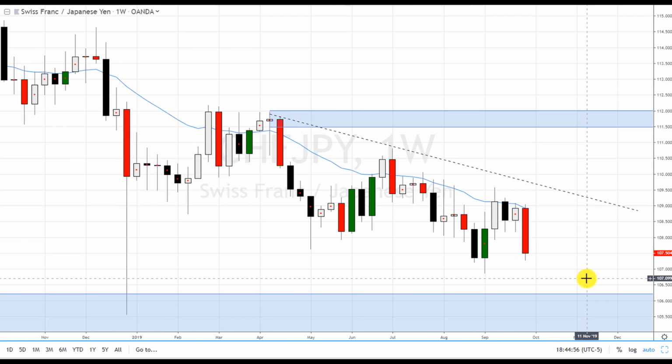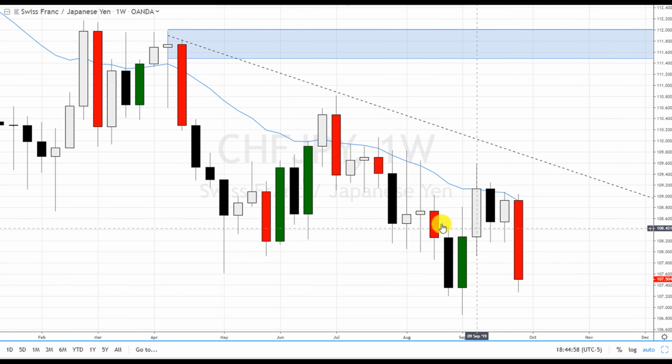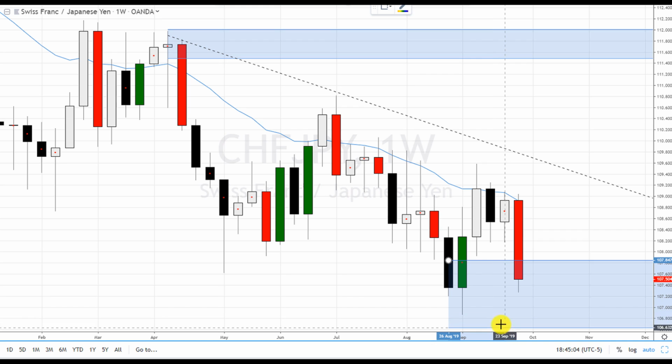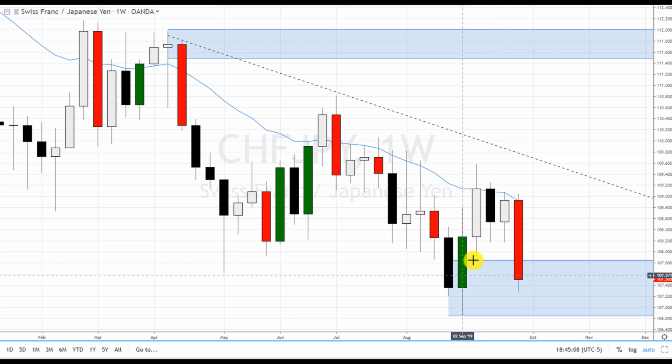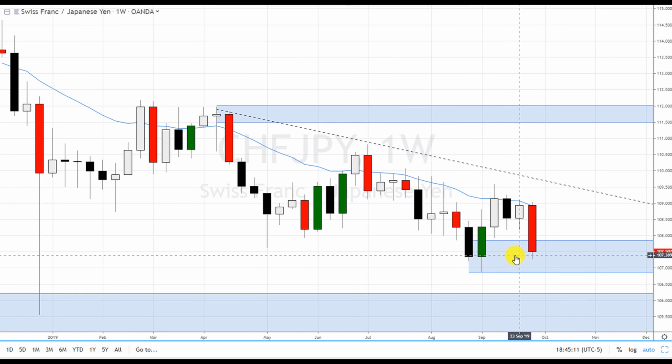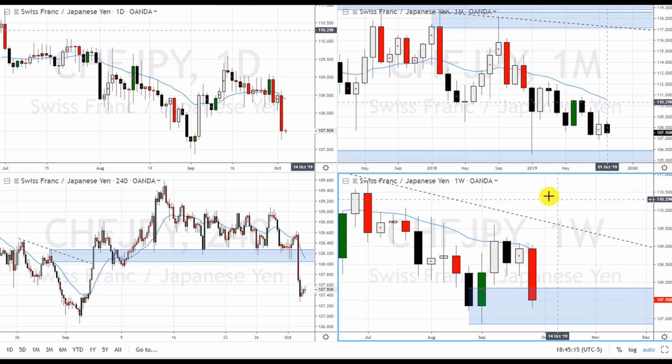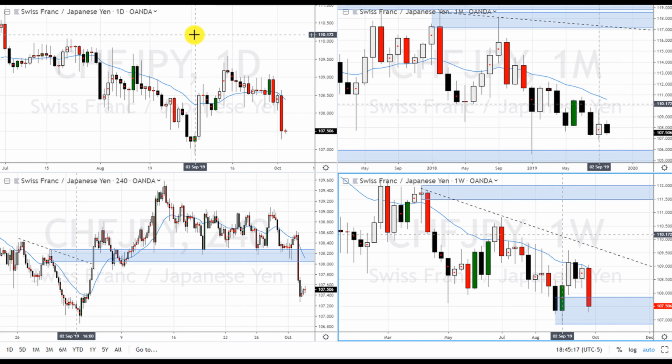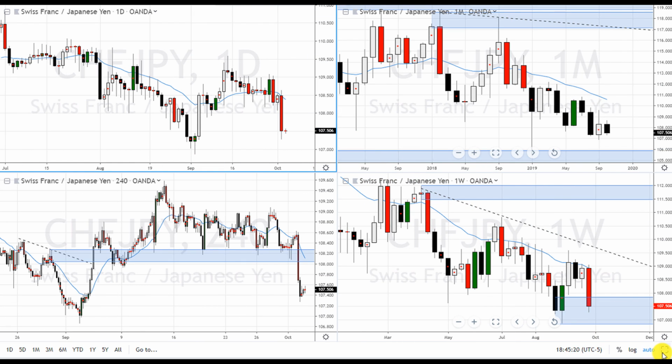Do we want to go long down here? That's the question. Should we draw a demand zone right here, using half the candle, and draw that as a demand zone? Well, let's find out. Let's take a look at the lower time frames.